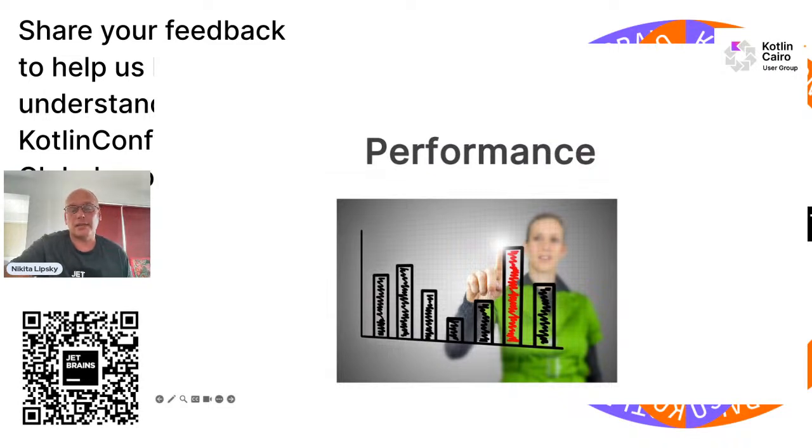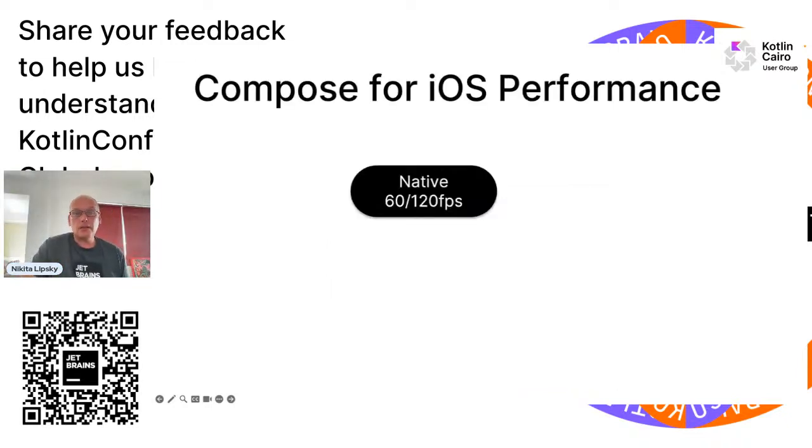Okay, but you may ask, it's clear, but what about performance? Does the scheme perform well? So if we talk about performance of UI applications, we actually talk about whether we can fit into 60 frames per second or even 120 frames per second for modern devices.